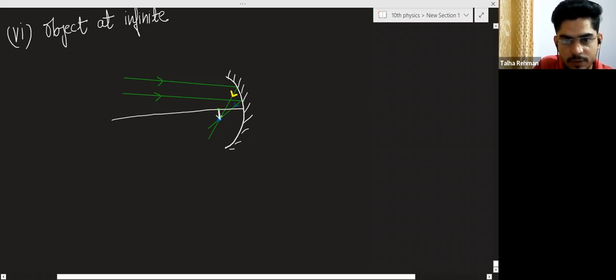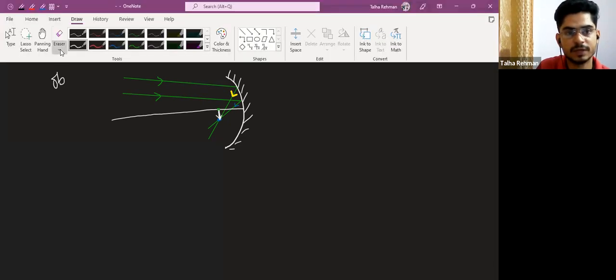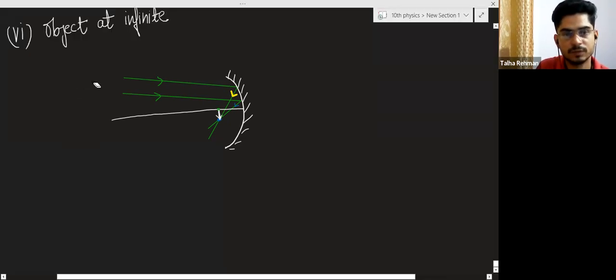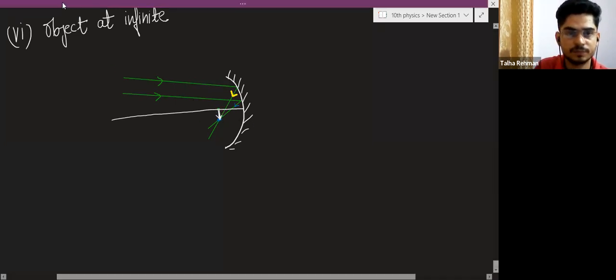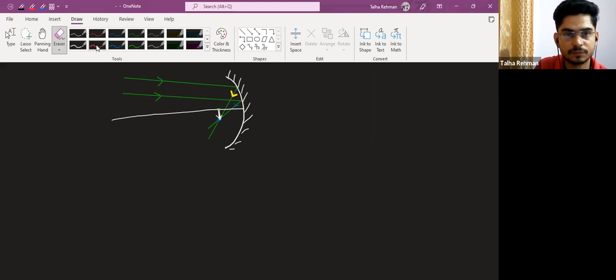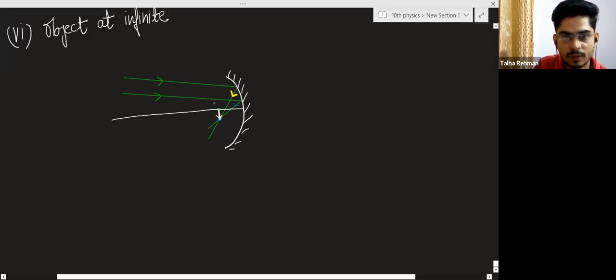This is the image. The object is at infinity. So this is the focus point. This point is F.